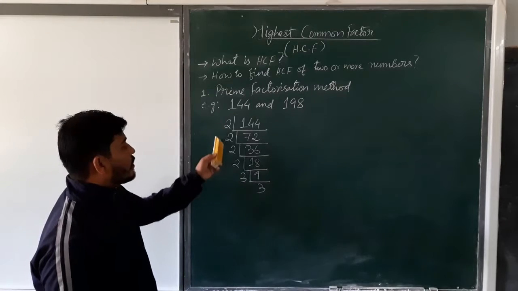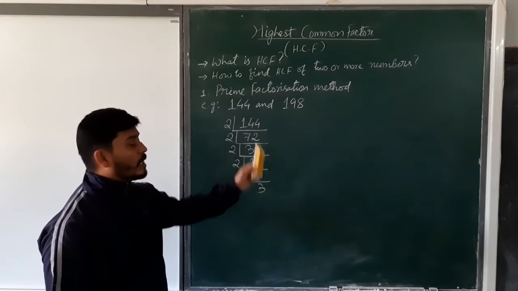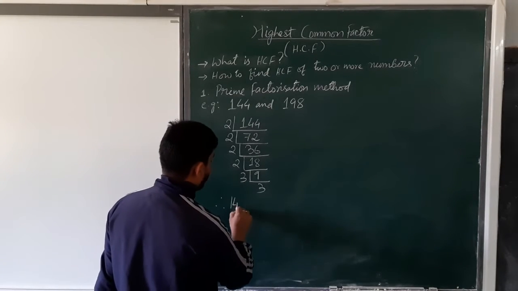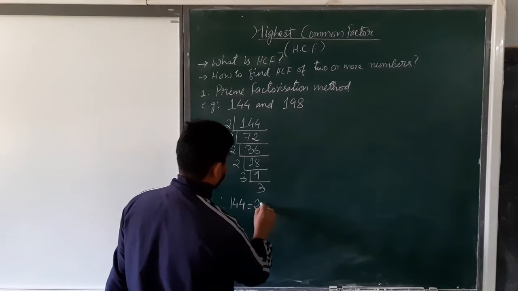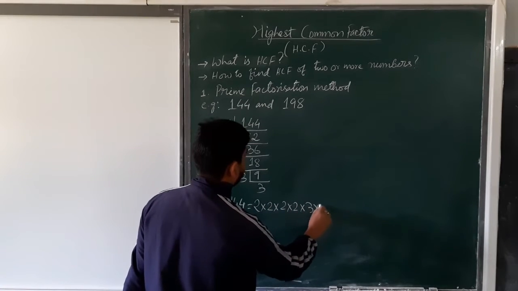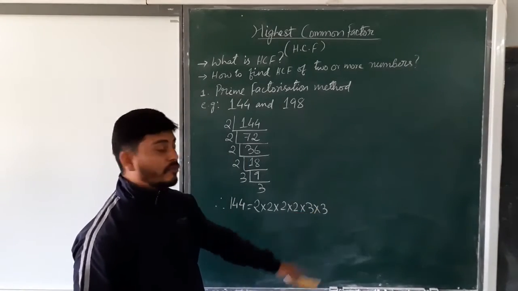As you can see, these are all prime numbers. These are the prime factors of 144. So therefore 144 equals 2 into 2 into 2 into 2 into 3 into 3. This we will be writing in terms of powers.